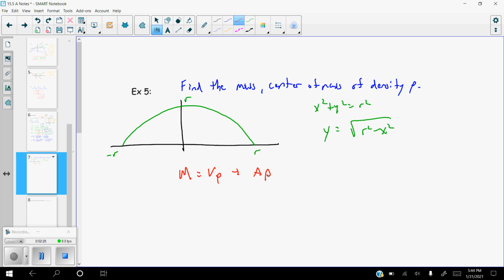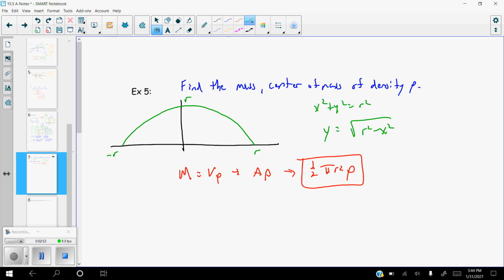Well, the area of a semicircle is going to be 1/2 of pi r squared times the density. So there's your mass. And you can do that because you have a two-dimensional figure, which is a geometric shape that you know easily. There's no need to go through an entire integration process or anything like that. You can do it very easily.